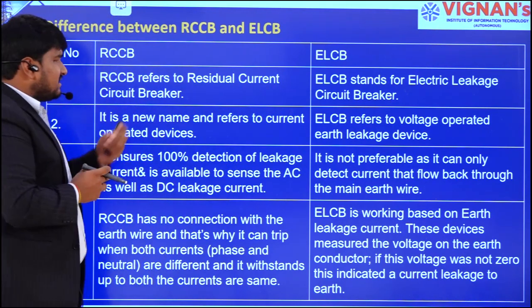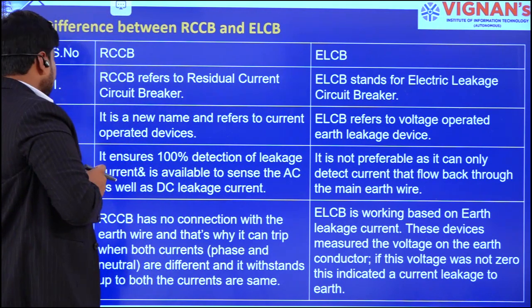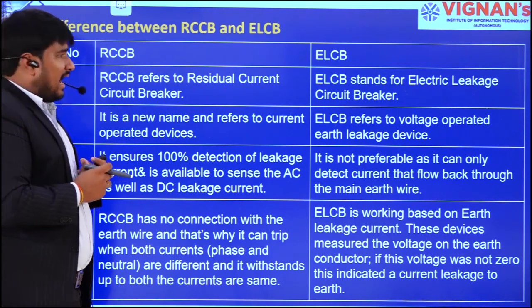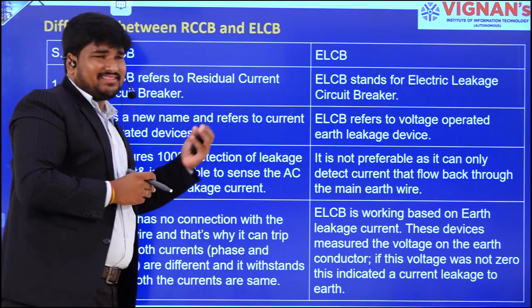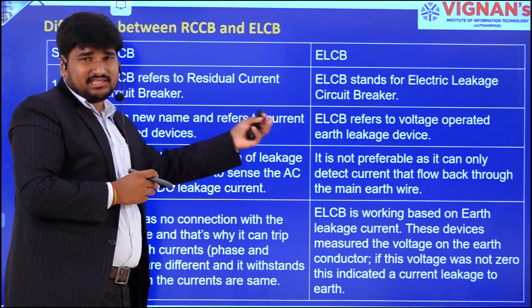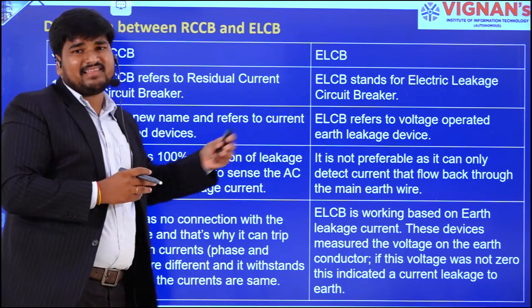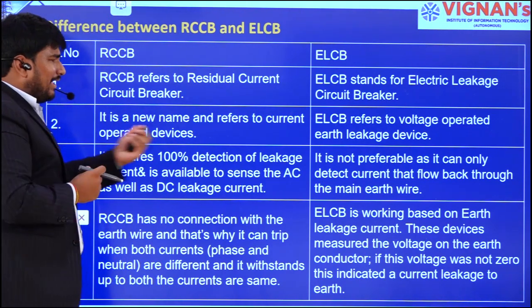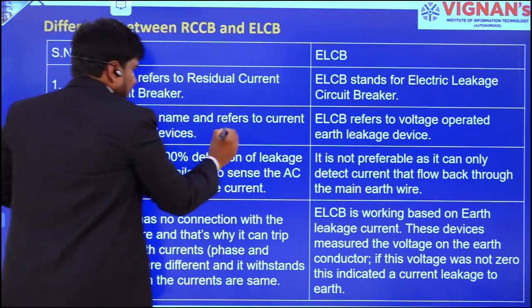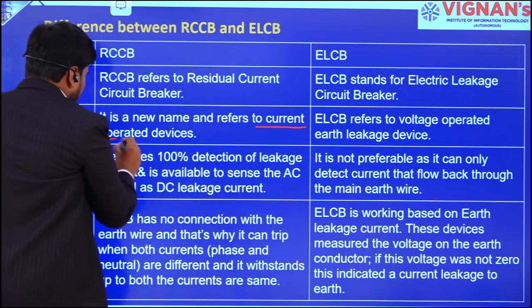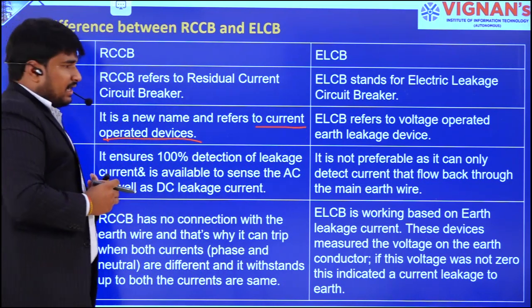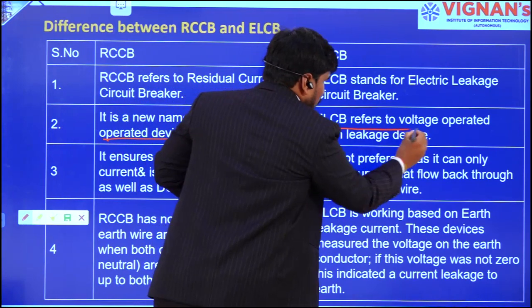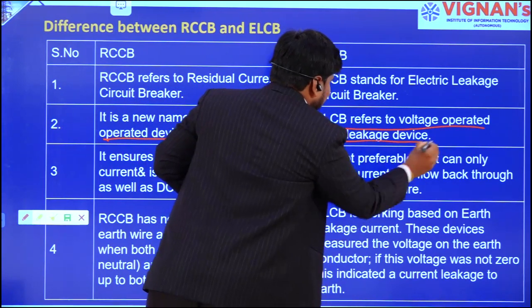So RCCB refers to the residual current circuit breaker, and ELCB, that is the earth leakage circuit breaker, is like a voltage earth leakage circuit breaker. Now it is a new name referred to as current earth leakage circuit breaker, and ELCB is referred to as voltage operated earth leakage circuit breaker.